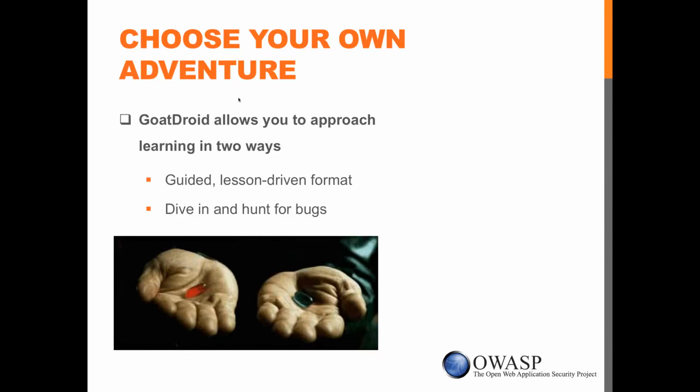If you really need the solutions, which we'd hope you'd at least try to solve some of the problems yourself, but if you get stuck, the solutions are there to save you. The other option is to simply dive into the applications. Don't bother using the guide and lesson format. Then, once you get to a stopping point, go back and see what you didn't find, which would usually be an interesting exercise.